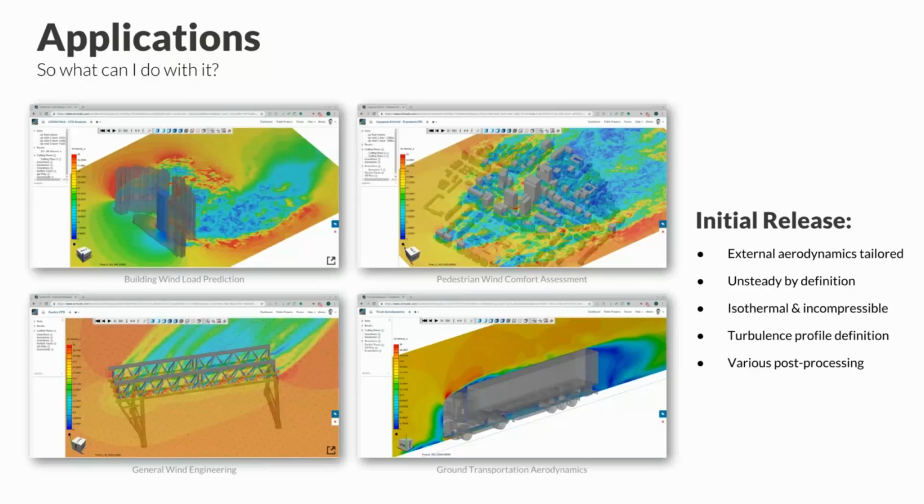Long story short, in all of these situations, what you really want is transient CFD, because you're not primarily interested in the average steady state wind load, but in the vortex shedding, the transient effects of the flow.